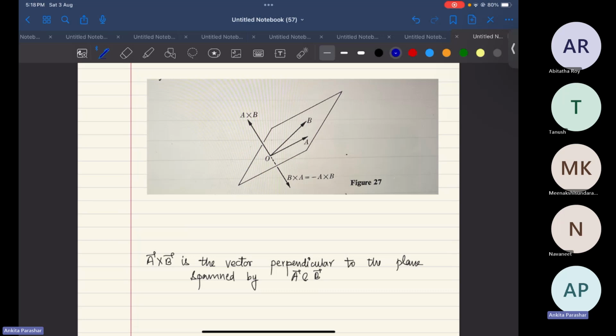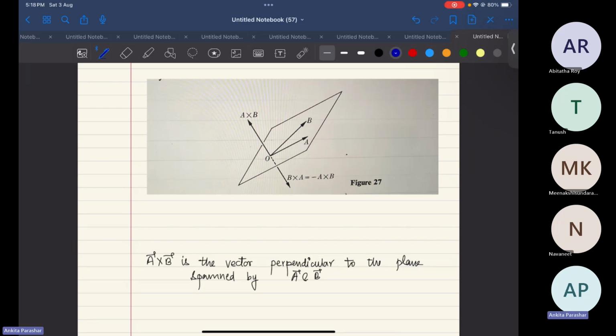Somehow, if you want to see it roughly, it is using the right hand thumb rule, where you take these two vectors A and B by pointing your first two fingers to represent A and B, and then you curl your remaining fingers from one vector to the other. Suppose I want to take A cross B, and A is your first finger, B is your second finger.